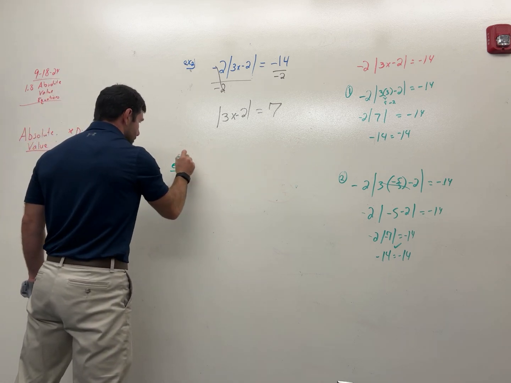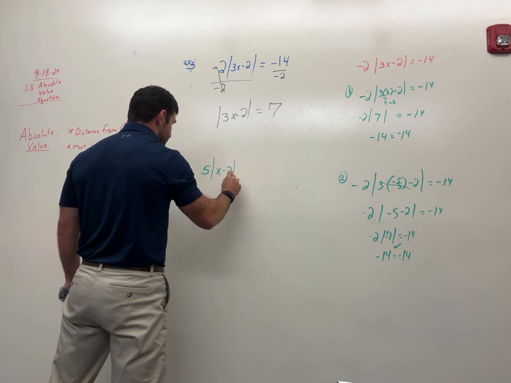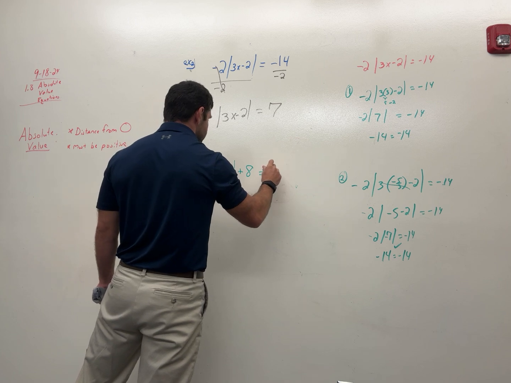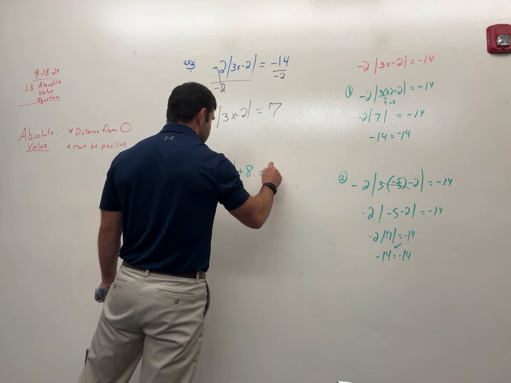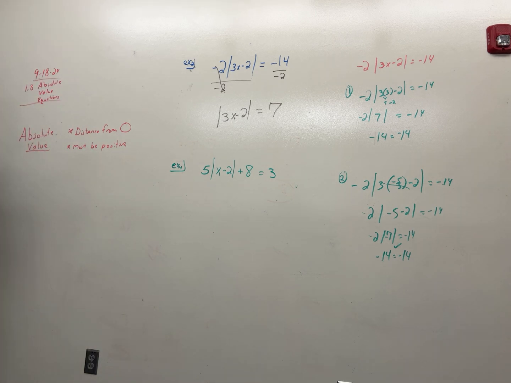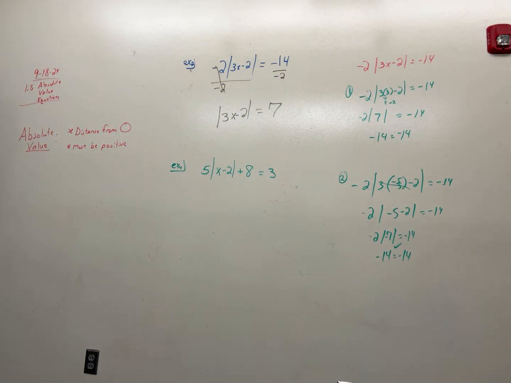Example 4. 5 times the absolute value of x minus 2, plus 8, equals 3. Okay? Write it down, and then we're going to do this together, because you're going to see, man, Mr. H, this is really easy.